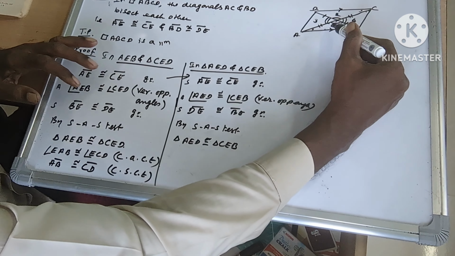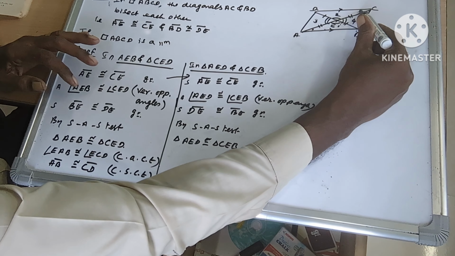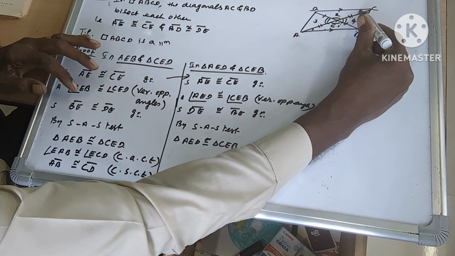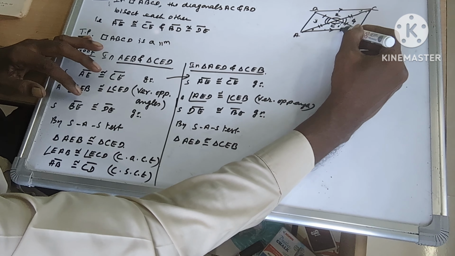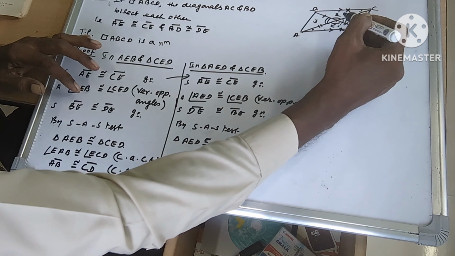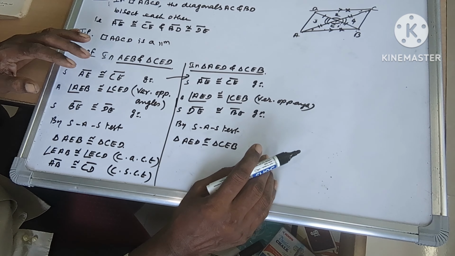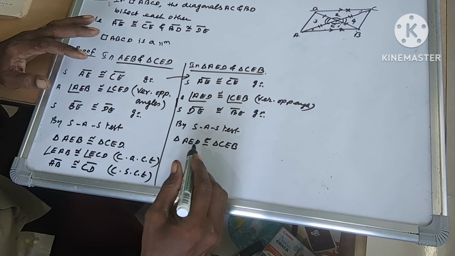Once these two triangles are congruent, the alternate angles are congruent, and at the same time these two sides are congruent.